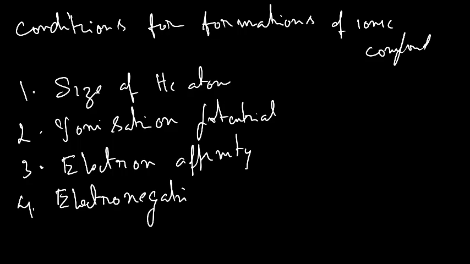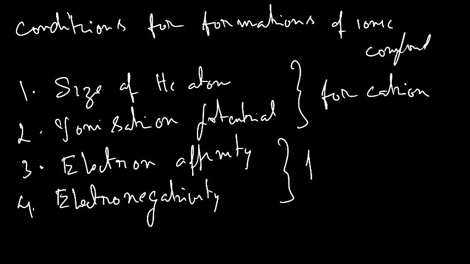Electronegativity is the tendency of an atom to gain one or more electrons from outside. If the electronegativity is more, the atom is ready to take an electron from outside and become a negatively charged ion. So under these conditions, the first two are for cations and the next two are for anions. So if anion and cation form quickly, then ionic substances form quickly.